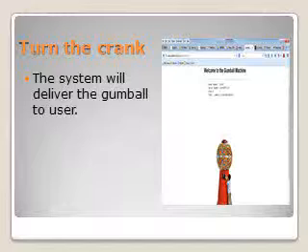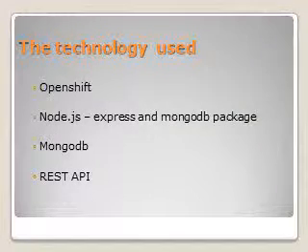In Node.js I have also used Express and MongoDB drivers. So let's talk about the technology in detail. This is the technology stack I was talking about: OpenShift, Node.js, Express, the MongoDB package, MongoDB, and then the REST APIs.